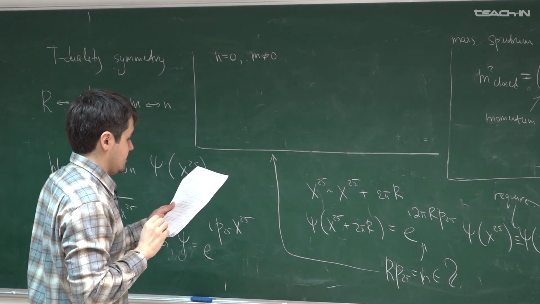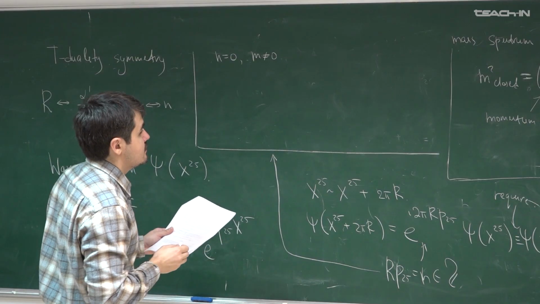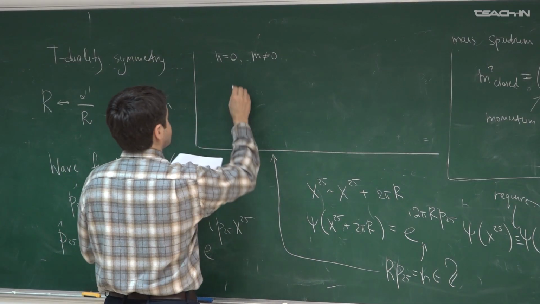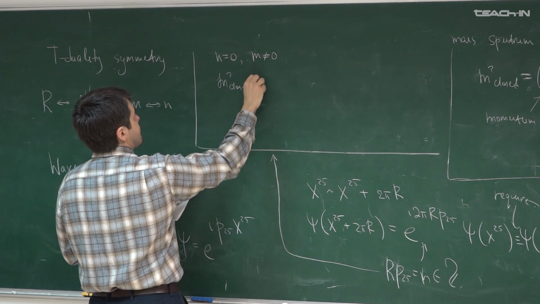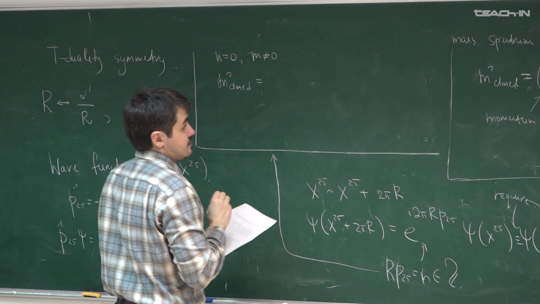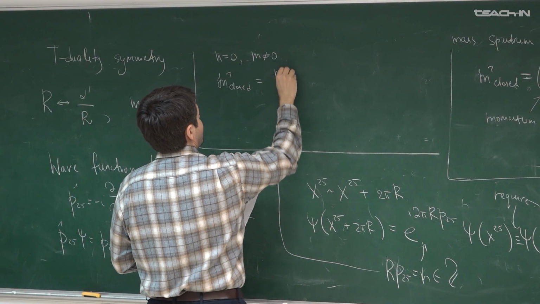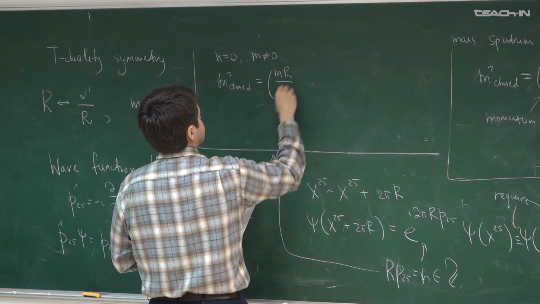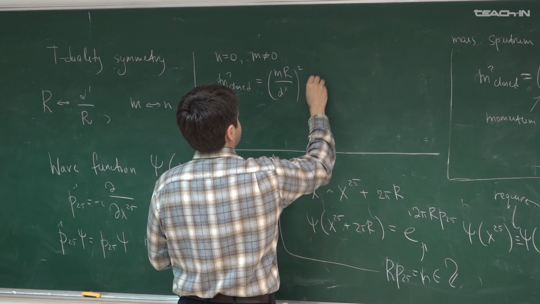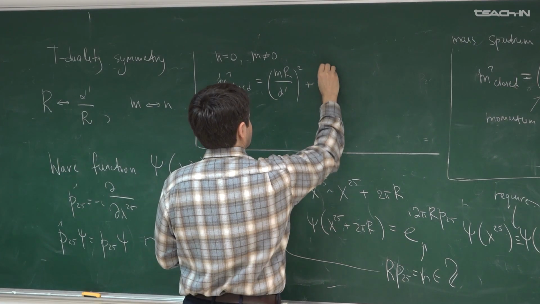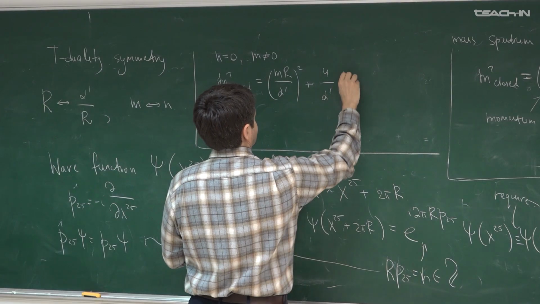Let's see what the mass spectrum is in this sector, so M squared is (mR over alpha prime) squared plus four over alpha prime times (n minus 1).